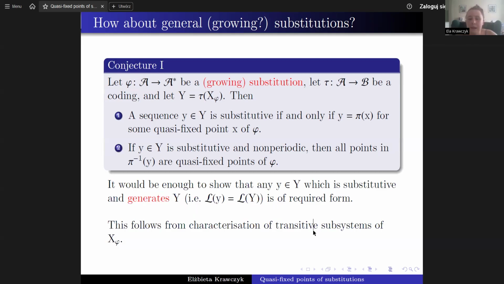And this basically follows from the characterization of transitive subsystems of the original system I stated a long time ago. So you can assume that the sequence you want to show to be a quasi-fixed point actually generates the same language as your system, because you can pass to subsystems.